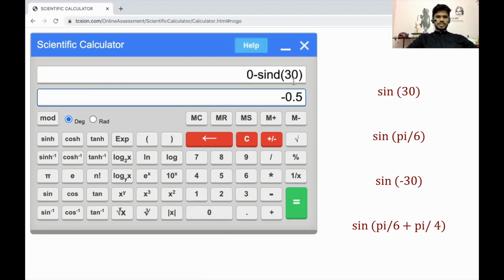But notice we are not doing sine of minus 30. We are doing minus sine 30. This doesn't always apply, right? In the case of sine minus x, it is minus sine x. Can you do sine of minus 30 here? The answer is 0.5, but we are not doing that. It so happens that the property kind of saves us.